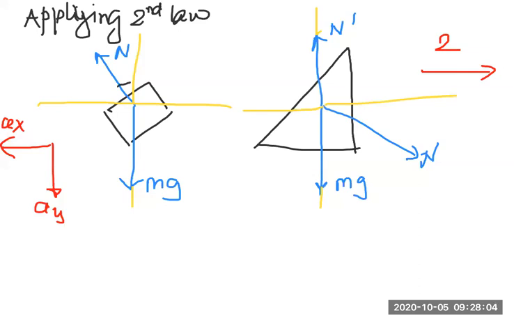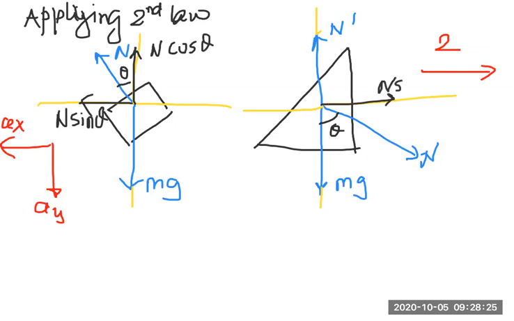After this, this angle theta will be 30 degrees, this will be n cos theta, this will be n sin theta, this angle will be theta, n sin theta, n cosine theta. Theta is 30 degrees.